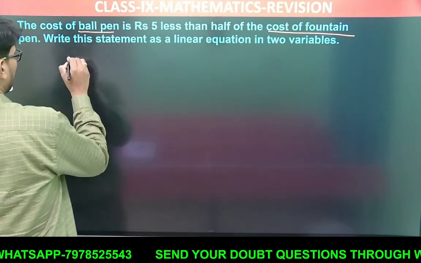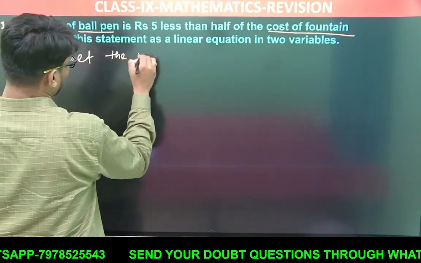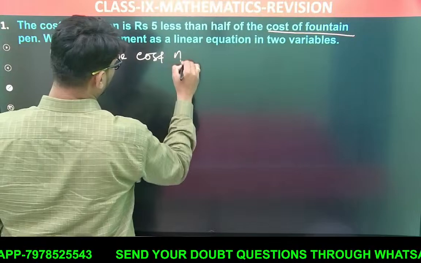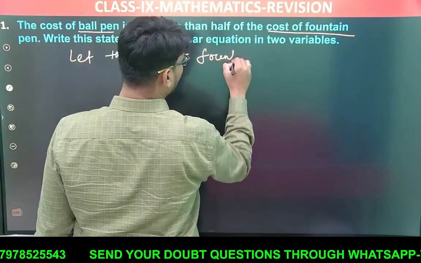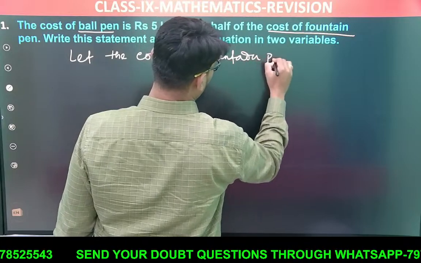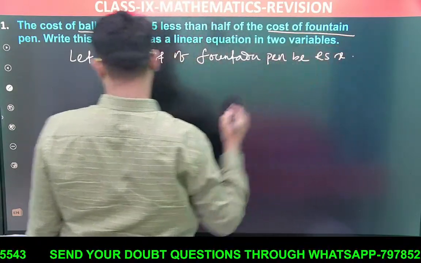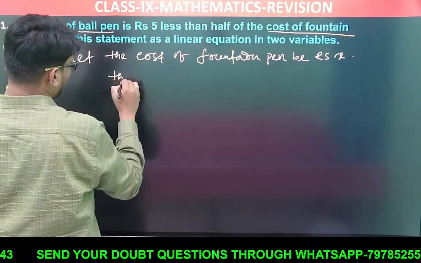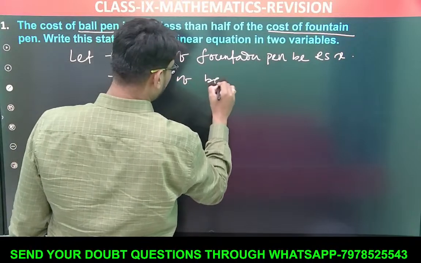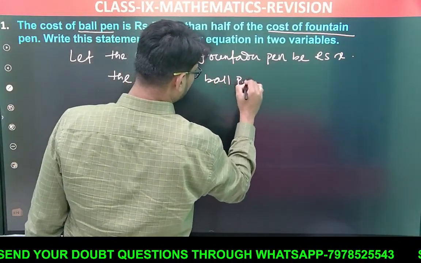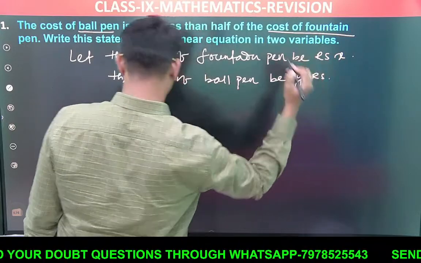Let the cost of the fountain pen be X rupees and the cost of the ball pen be Y rupees.